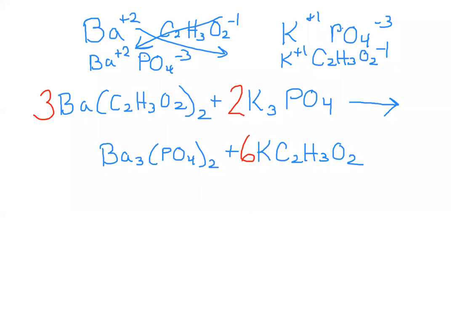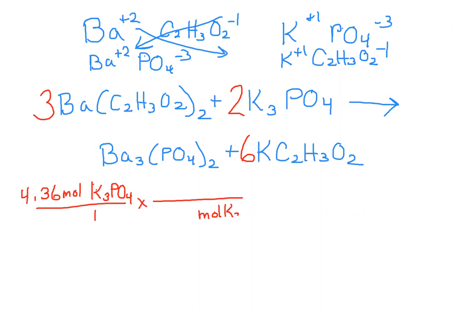Write what you're given. 4.36 moles of potassium phosphate. And it's already moles, so those go on the bottom. We don't have to change it to moles. And we're looking for grams of barium phosphate.